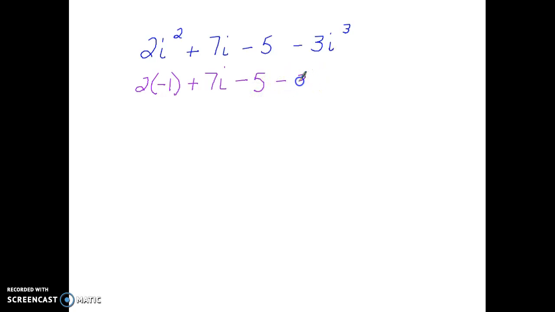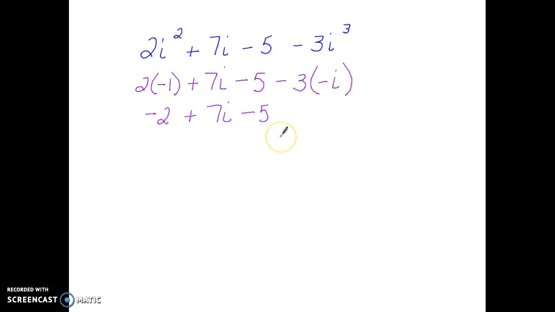Now for my last term, I have i to the third power. i cubed is equivalent to negative 1i. And I'm just going to write that as negative i. So now I just need to simplify a little bit further. I would have a negative 2 for my first term.